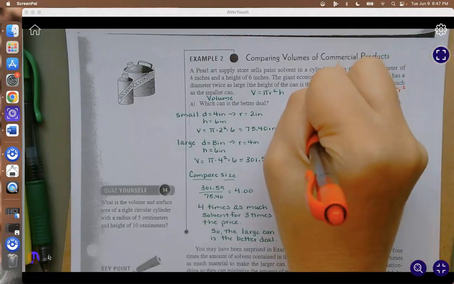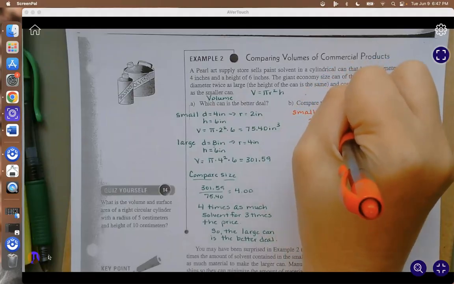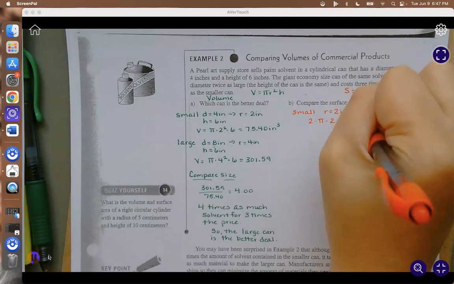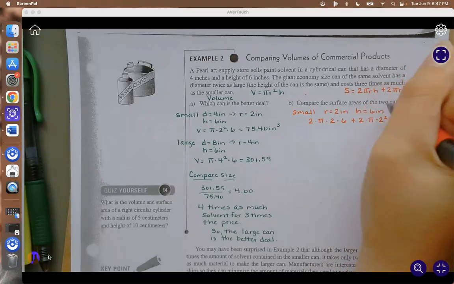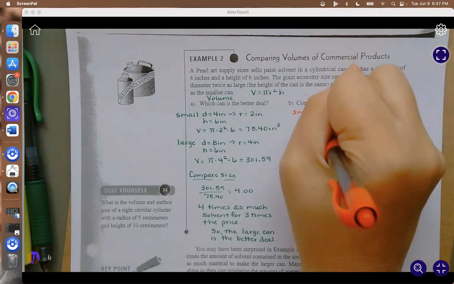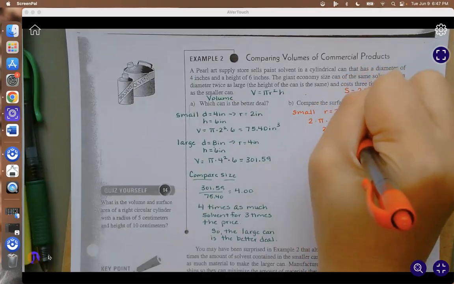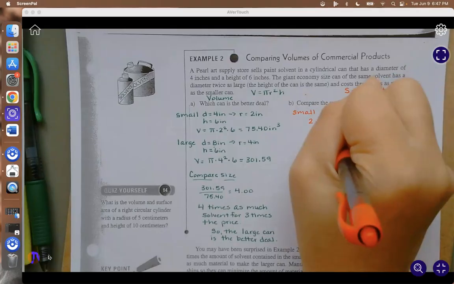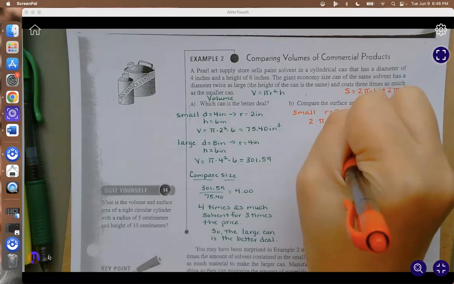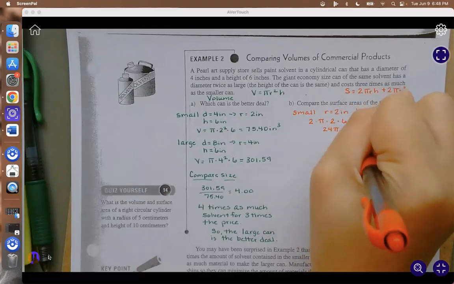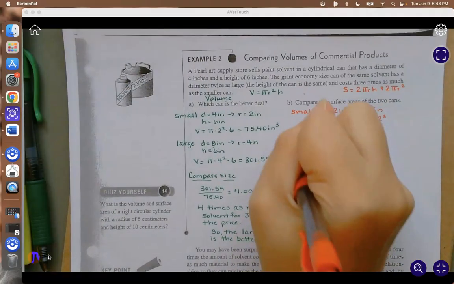So we have 2 times pi times 2 times 6 plus 2 times pi times 2 squared. So this is 24 pi plus 8 pi. That's 32 pi, which ends up being 100.53 square inches.